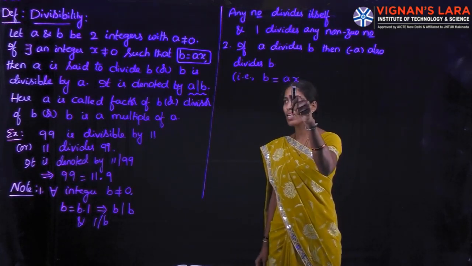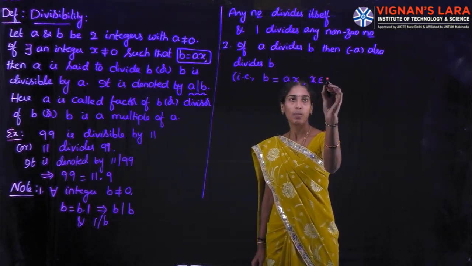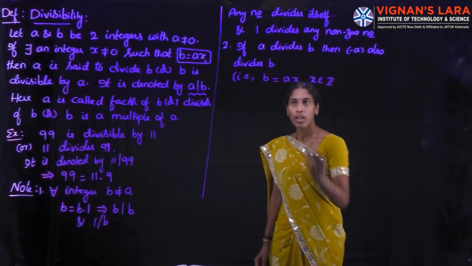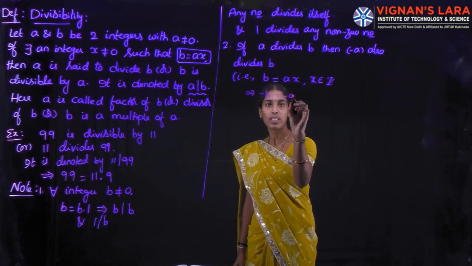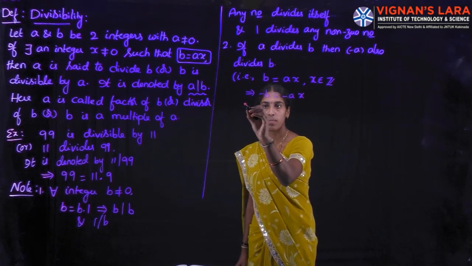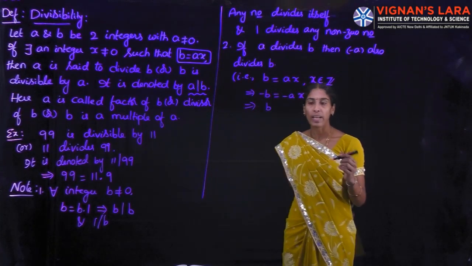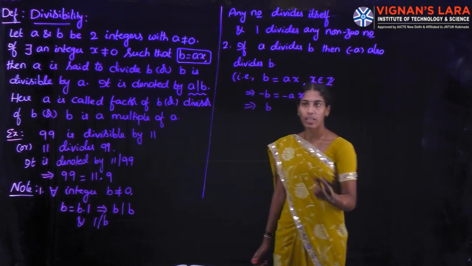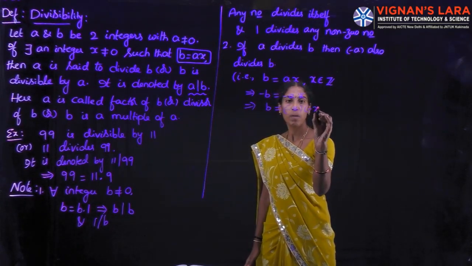What is this x? x is just an integer, x belongs to Z. If we multiply on both sides by minus, minus b is equal to minus ax. So minus a also divides b. b is equal to minus a into minus x.